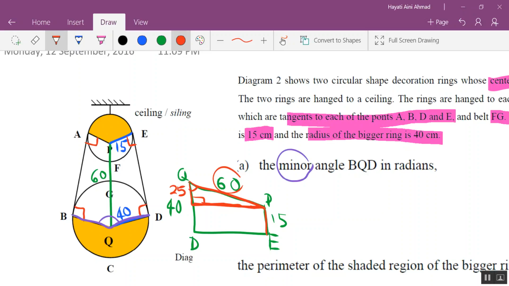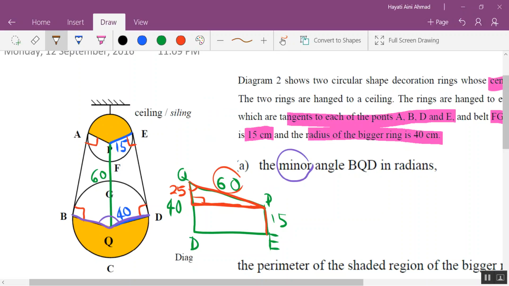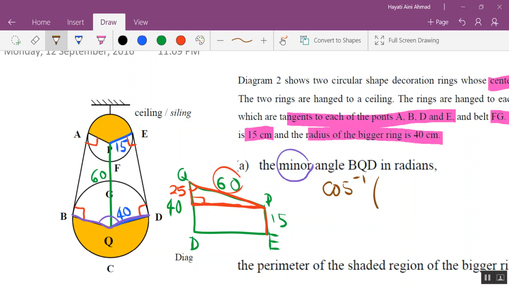So it should be hypotenuse and adjacent, then it is supposed to be cos. So cos of 25 over 60 is, and we set our calculator using radian.